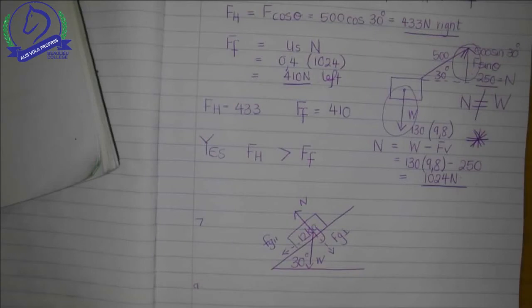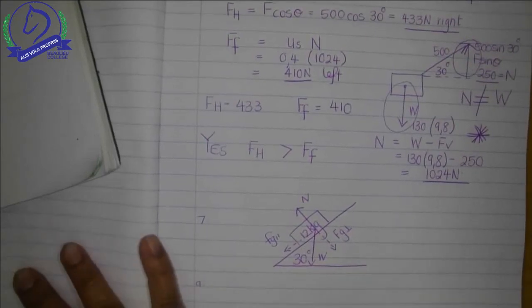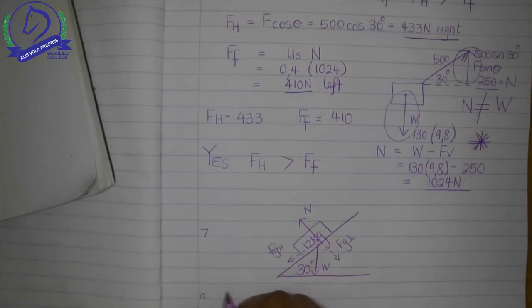So the first question is, you need to calculate the weight component that is perpendicular to the surface. So FG perpendicular, or weight perpendicular, remember, has a formula. The formula is W cos theta, which is W cos 30 in this case.